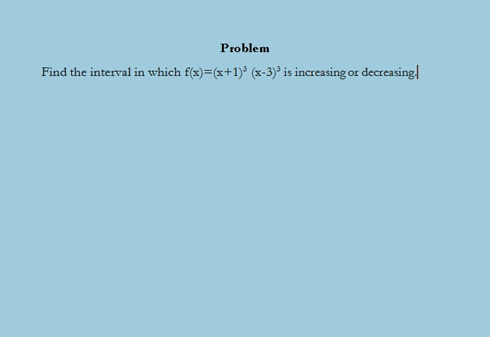We have a problem in which we are required to find the interval in which the given function f(x), which is equal to (x + 1)^3 (x - 3)^3, is increasing or decreasing.